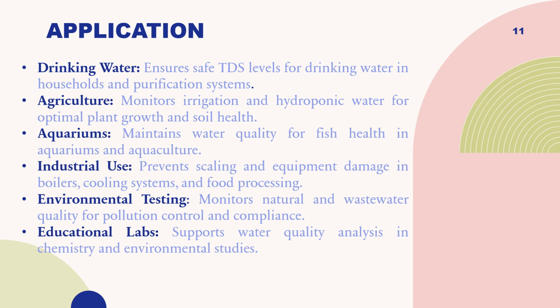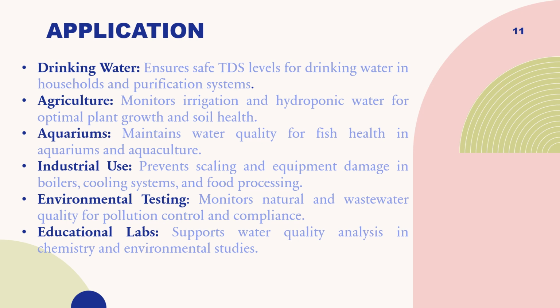The water runs through the pipe, and the plant is planted on the top part of that pipe. Then it is used in aquariums, where maintaining proper TDS of the aquarium water is important. Water quality for fish health in aquariums and aquaculture is checked with a TDS meter.